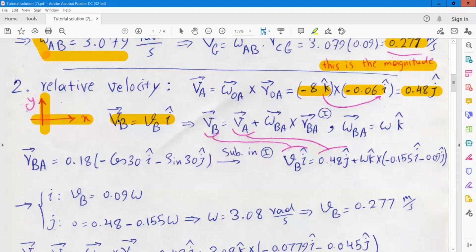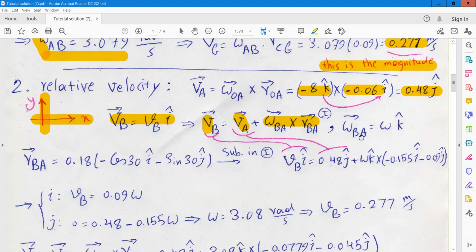And then we can write the velocity equation between point B and A. From the relative velocity equation, we will have VB is equal to VA plus omega cross RBA. So omega BA is the unknown. We want to obtain the angular velocity for link AB or BA.